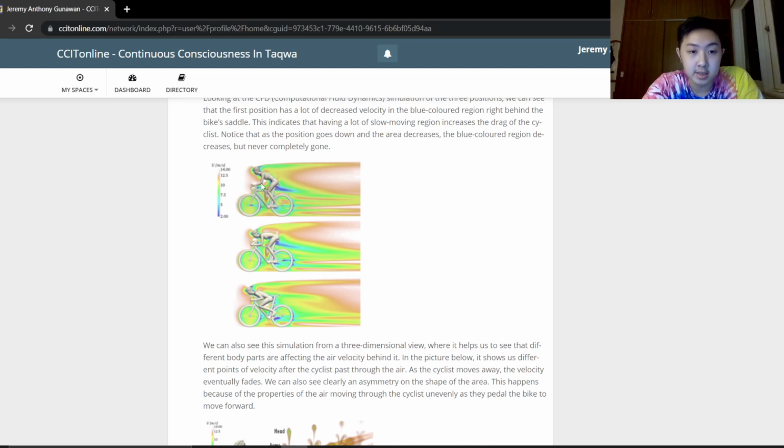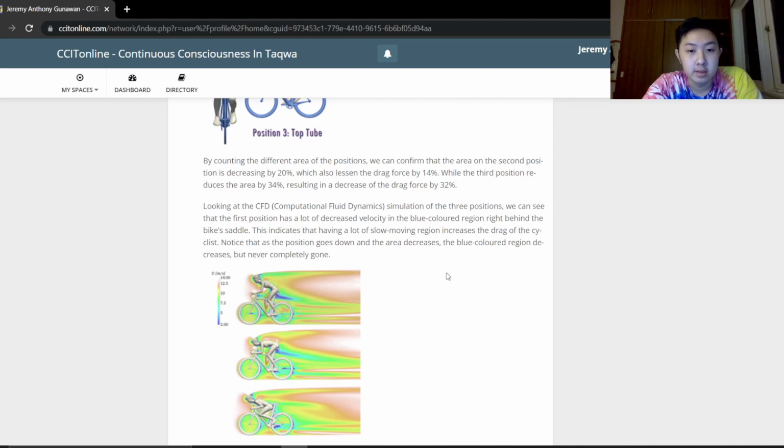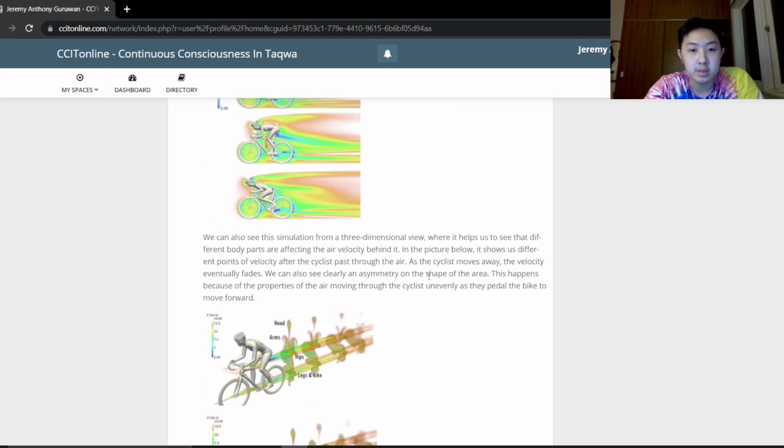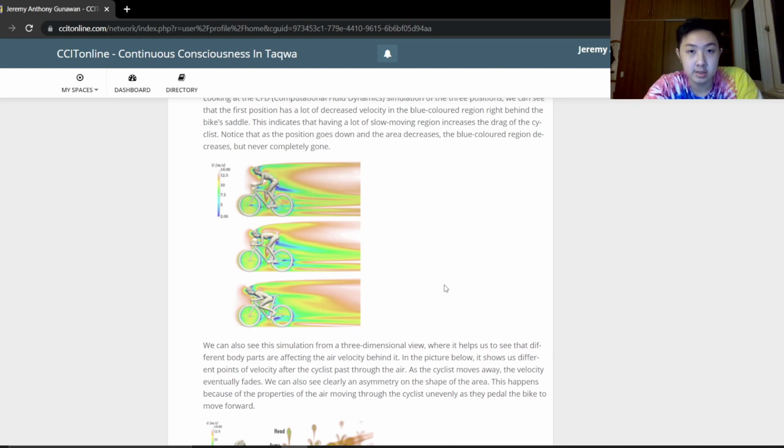So as we can see, as the position lowers, we can see less blue colored section, or the slow moving region, which means that having a lot of blue colored region in the simulation affects the cyclist's speed as it goes.